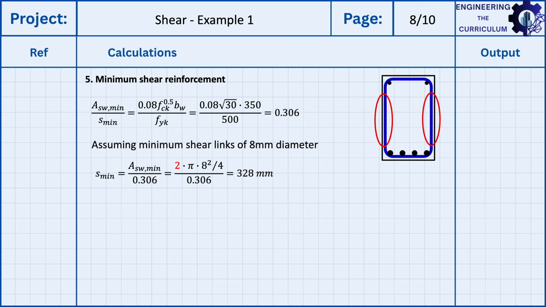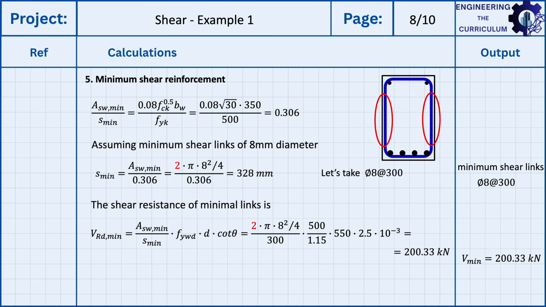Now nobody is going on site to measure those 328 millimeters. We need to come to something a bit more pragmatic and obviously smaller than what is required, right? So we want to put more rather than less than what is required. So in this case, let's take a diameter of 8 every 300 millimeters.